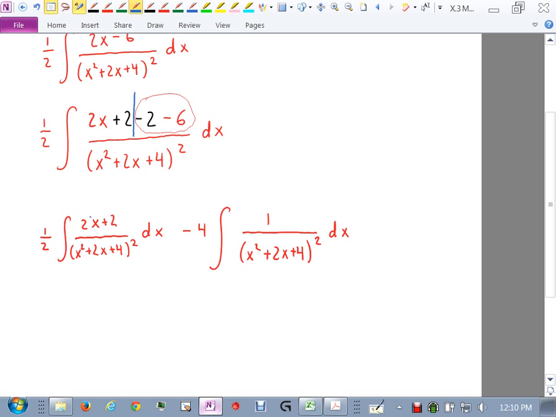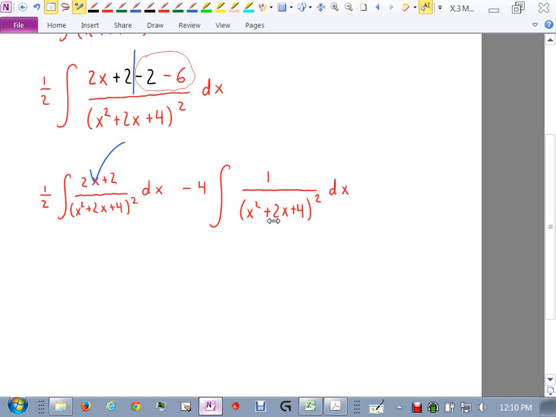I'm putting a check mark on this one that we can do this with the basic u sub, right? Basic u sub on this. Oh yeah, the minus is from right here, -8, and then bring it out as a -4. We good? Okay.